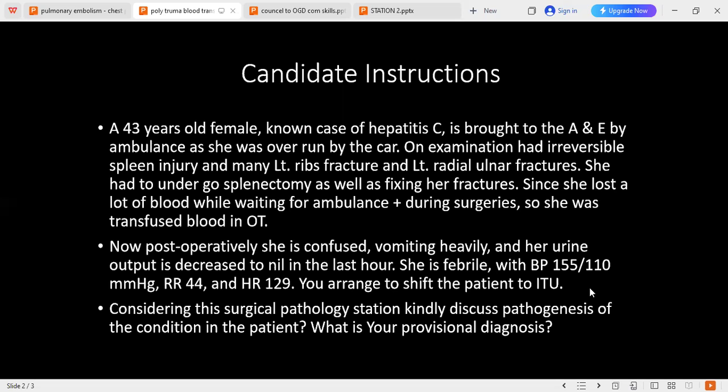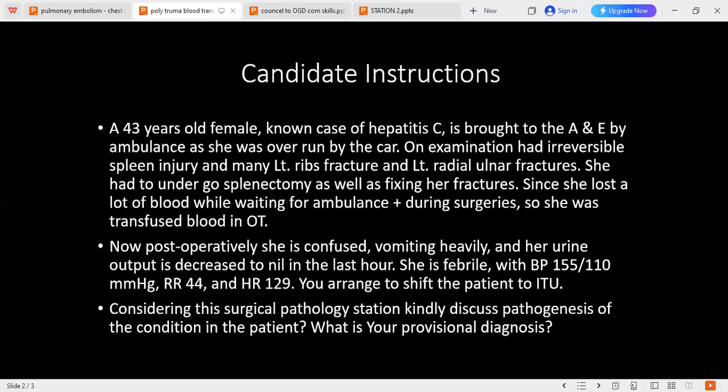If you could tell me how should this patient be managed now? Okay, this patient has to be managed by a multidisciplinary approach: general surgeon, orthopedic surgeon, ICU specialist, and we'll shift the patient to the ICU and manage the patient according to the needs.